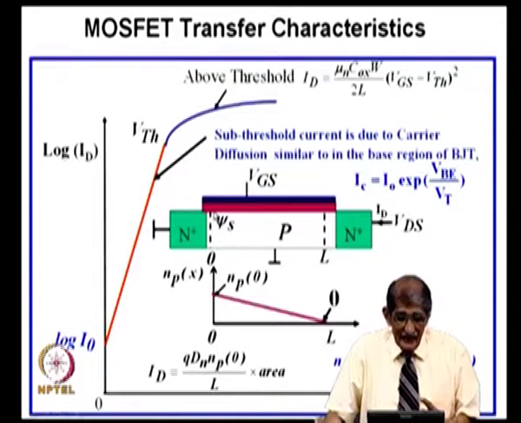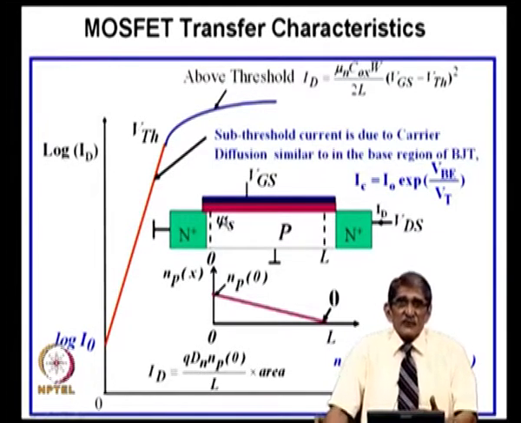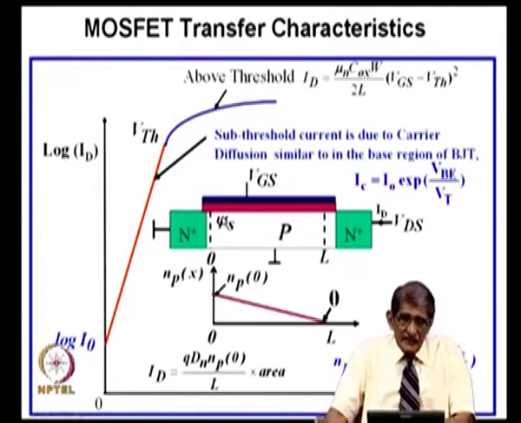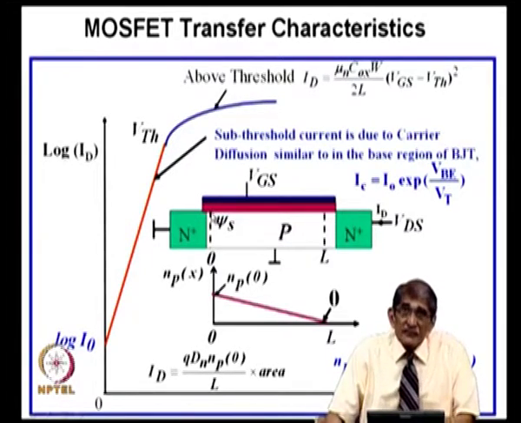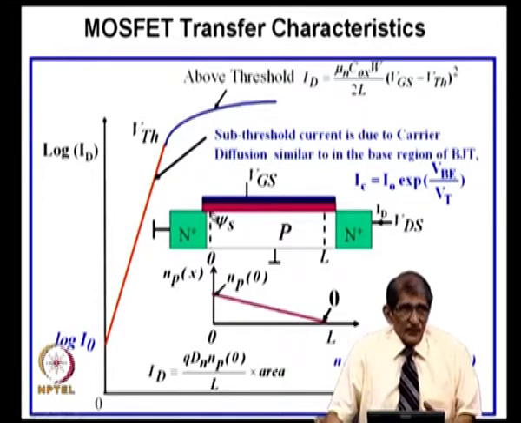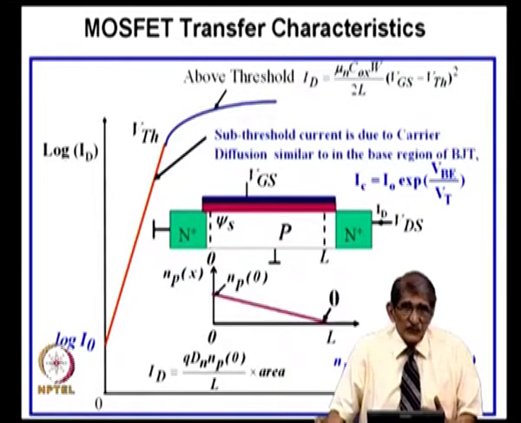Now, what is the potential here? The surface potential, that is the potential at the top surface, is twice phi f or twice phi b. You know what it is. When it is inverted, the potential is twice phi b. Phi b is kT by q logarithm of doping by Ni.